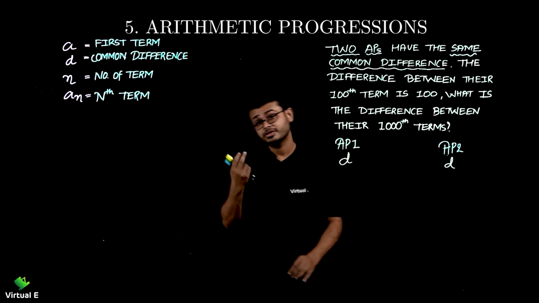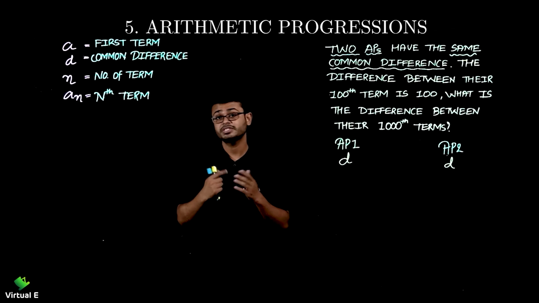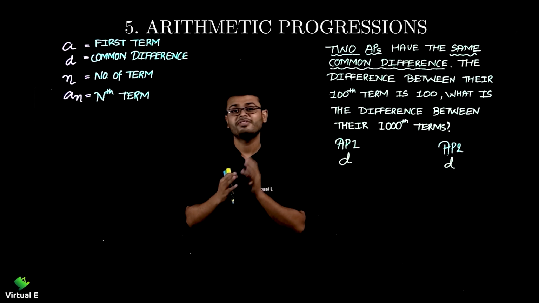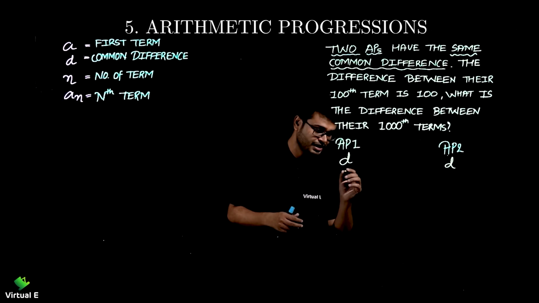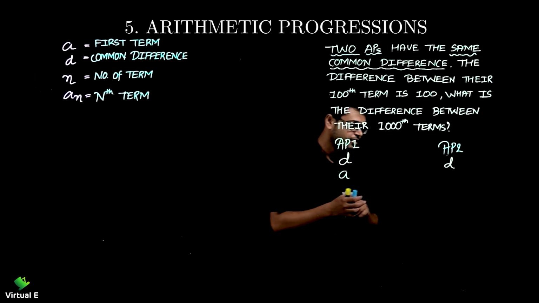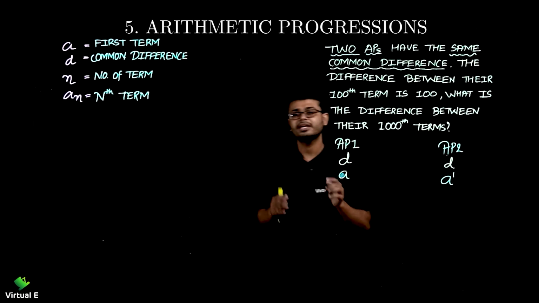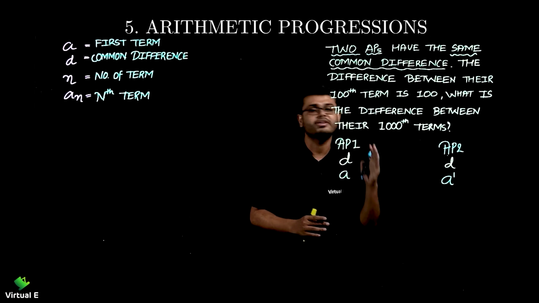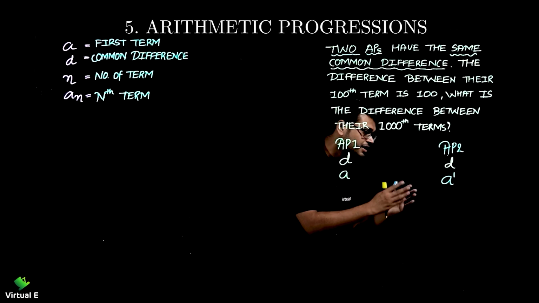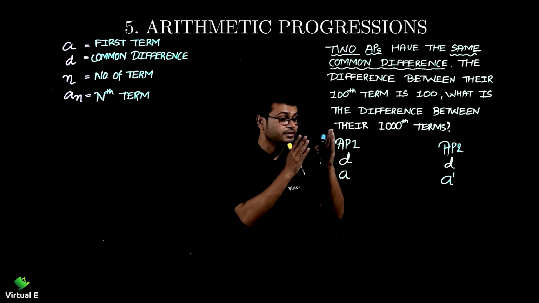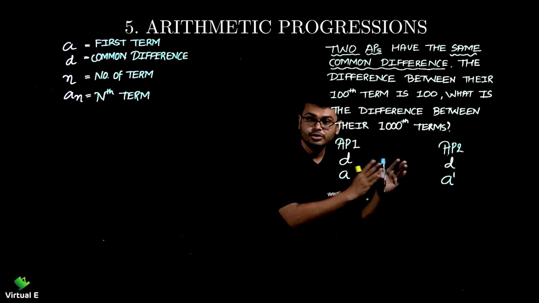Now what is different? The first term will be different, nothing is mentioned. Obviously, if the first term is also the same, then they will be the same AP. So the first term is different. Here let me take a and here let me take a dash. The reason I am taking a dash is to differentiate between them. If I take a here as well, then it is very confusing, that term is of either AP1 or AP2.